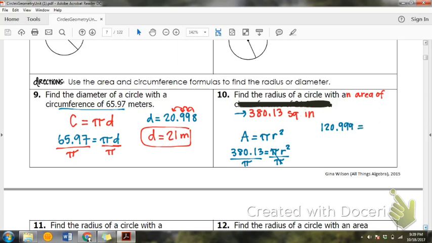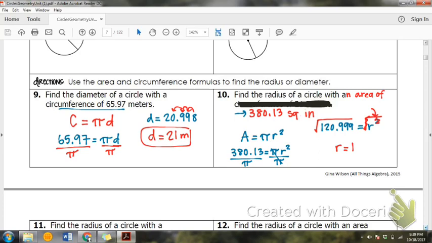and that means I'm left with radius squared. Remember how we get rid of this square? Anyone? We take the square root of each side. Remember that? So in your calculator, you're still holding the 120.99. And then we're going to do the square root of 120.99. You guys are going to have to hit second and then square root and then type in 120.999.